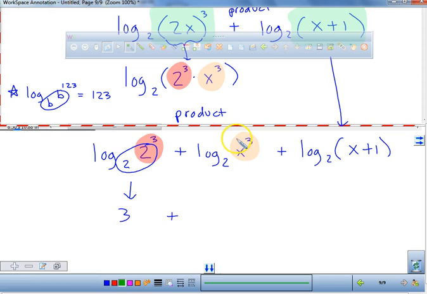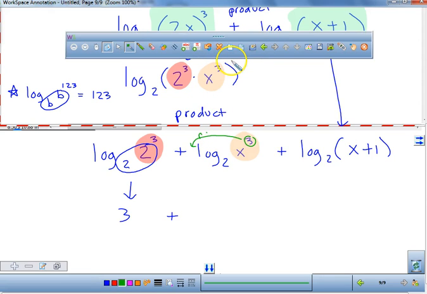The last thing I'm going to do with this one is take this 3 and move it up front using the power property. My board will work.